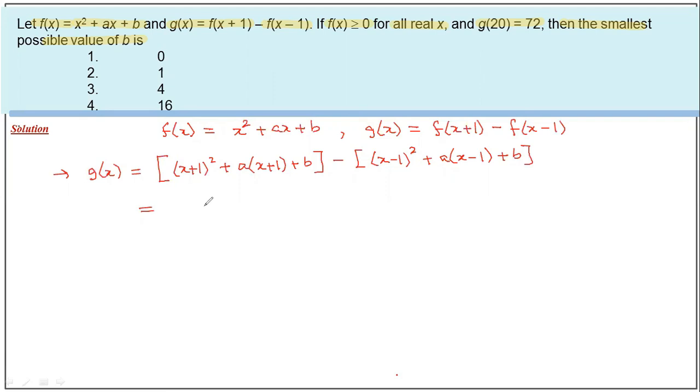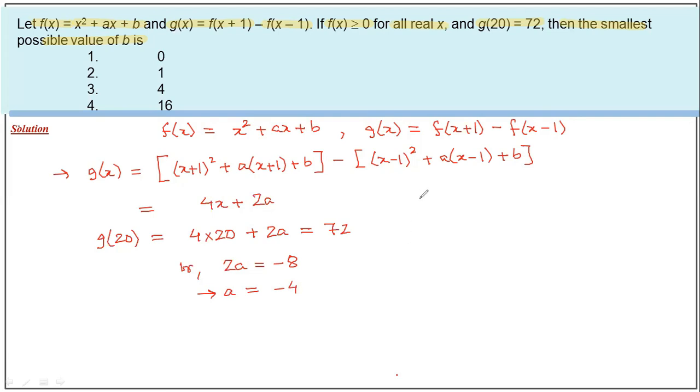On simplifying this, what we get is 4x plus 2a. Now g(20) is equal to 4 into 20 plus 2a, and this is given as 72, or 2a equal to minus 8, so a is equal to minus 4.